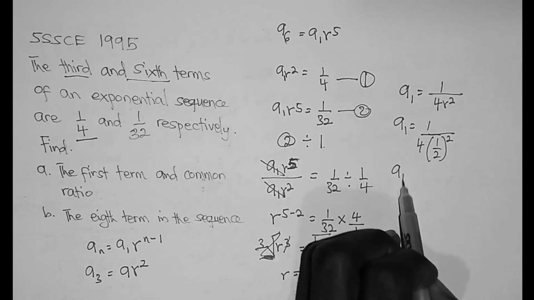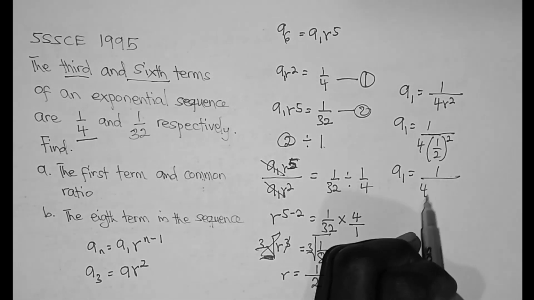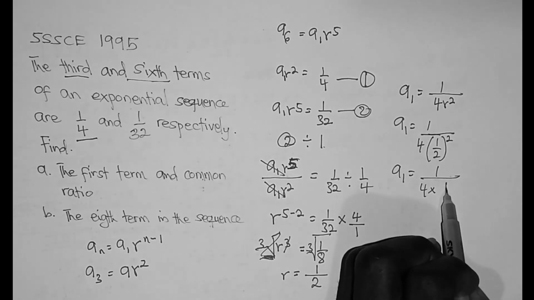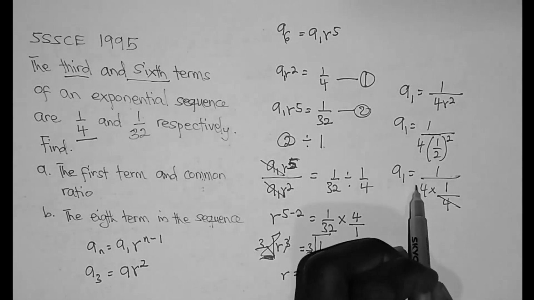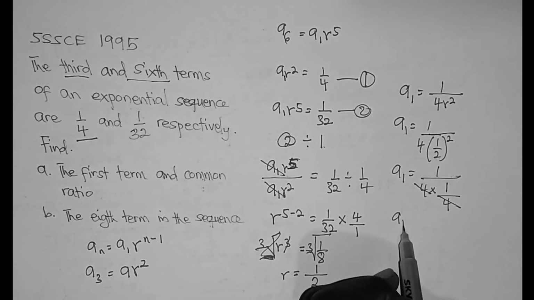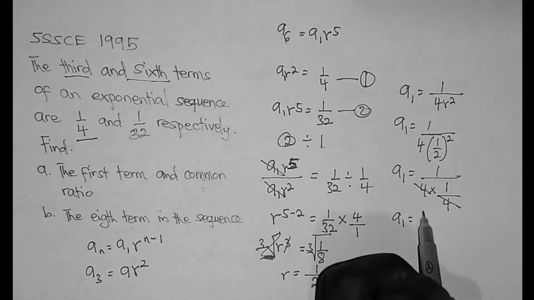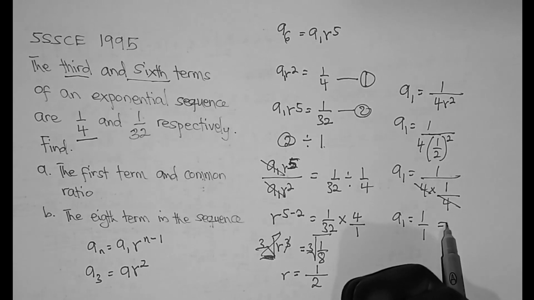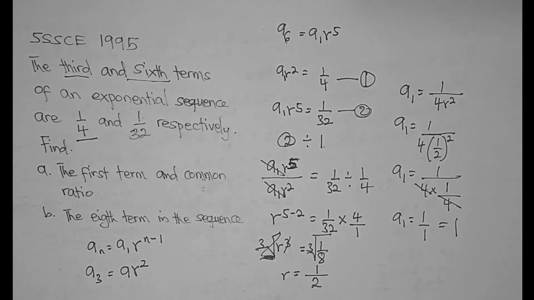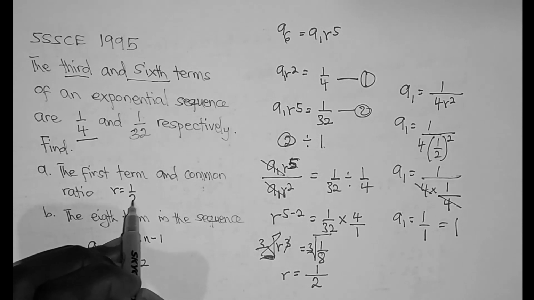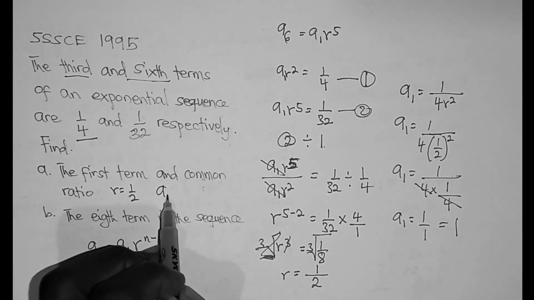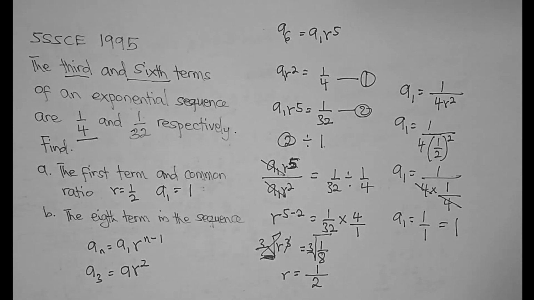So a1 is equal to 1 divided by 4 times 1 squared, which is 1, divided by 2 squared, which is 4. So this 4 and this 4 cancel out, so that a1 is equal to 1 divided by 1, which is equal to 1. So therefore the common ratio r is equal to 1 over 2, and then the first term a1 is equal to 1.